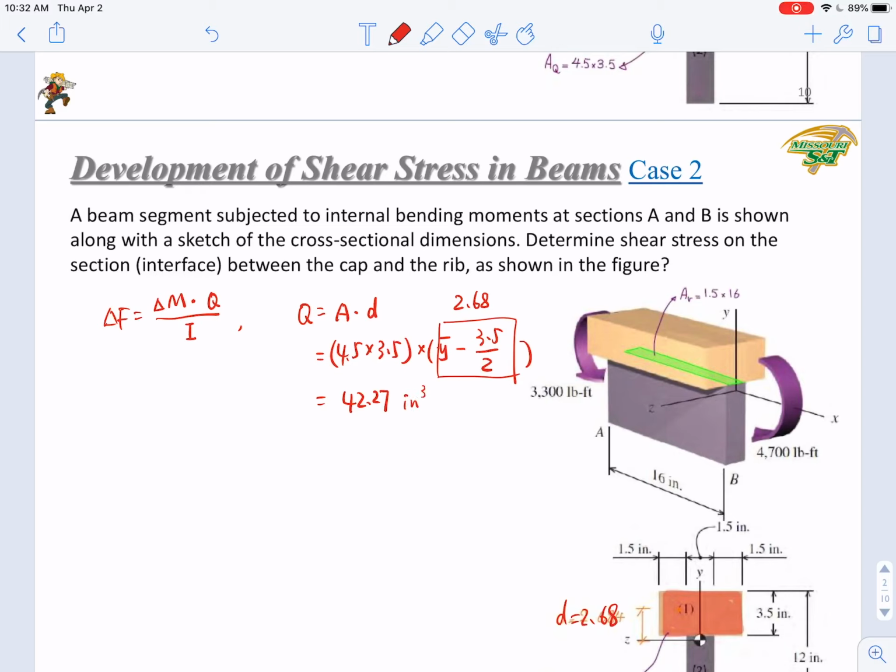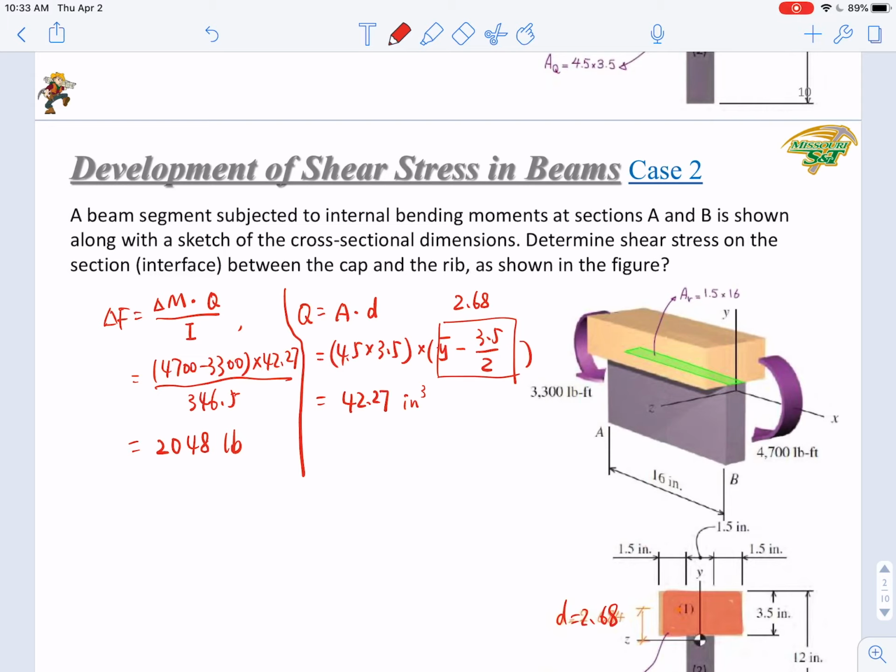So here the delta F will be, since delta M equals 4700 minus 3300, times 42.27 over 346.5. So you get 20.48 pounds.